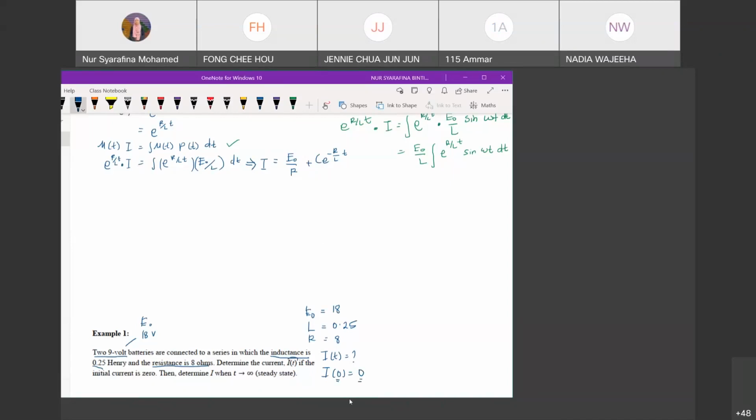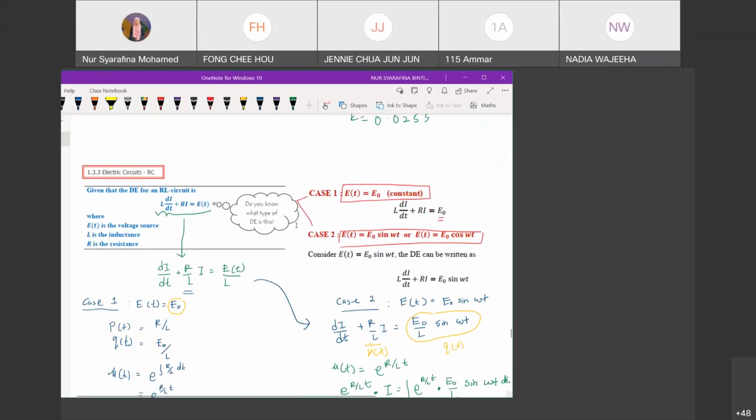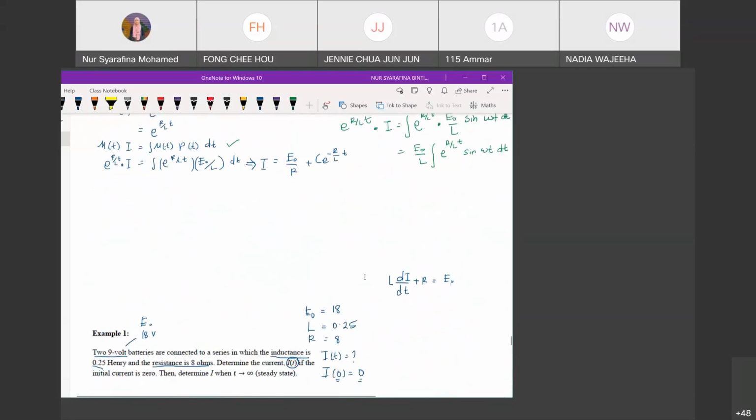Then in order to find I, we need to use the differential equation of the electric circuit. We have simplified this in terms of a linear equation: dI/dt plus R over L times I equals E naught.